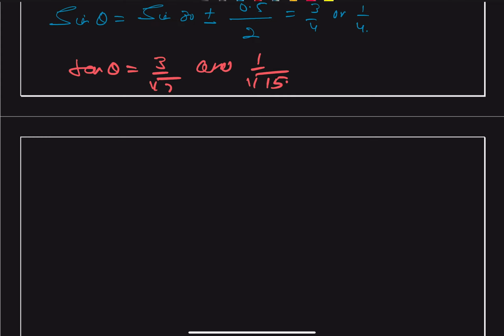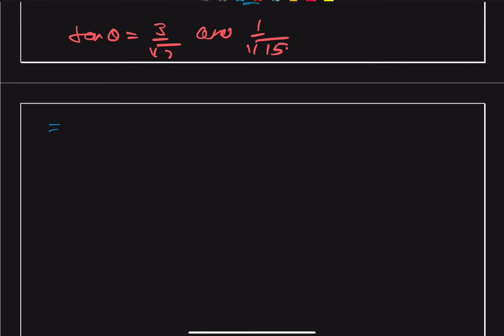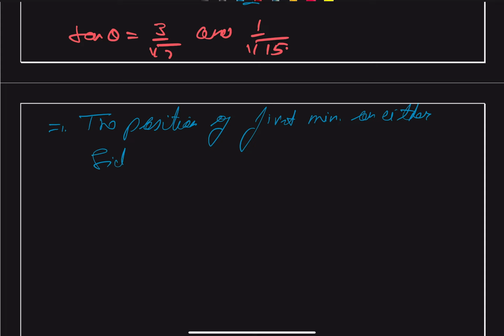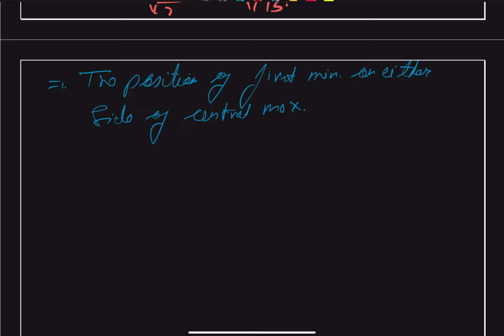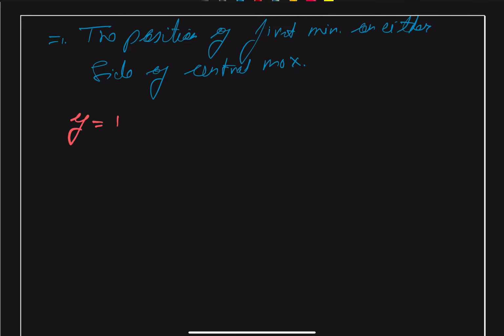And we can say, because in the second case we are supposed to find out only the position of first minima on either side of central maxima. So you can see that position of first minima on either side of central maxima, we get y is equal to capital D tangent of theta, and that is also given as 1.